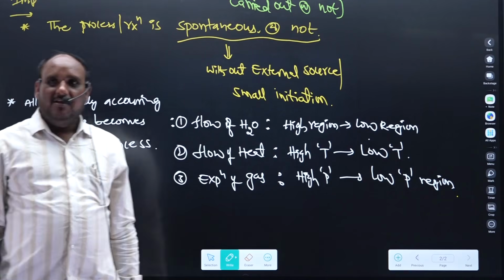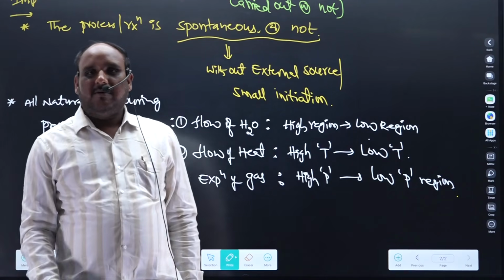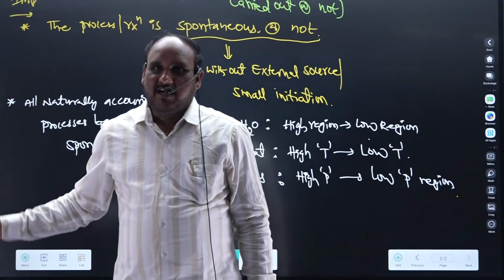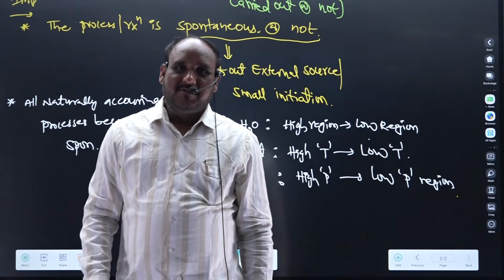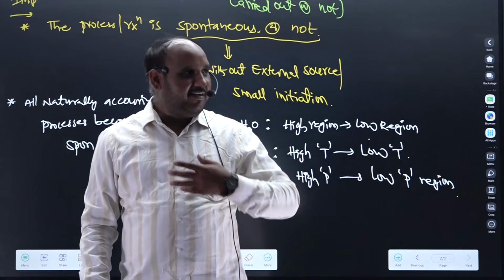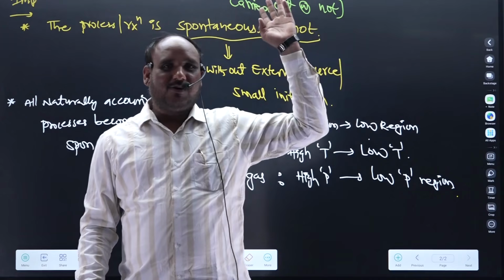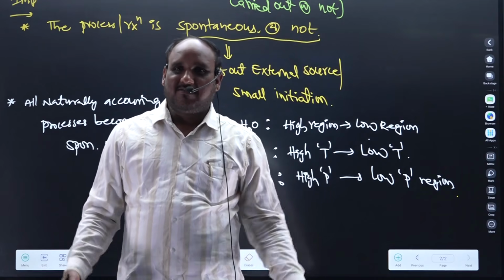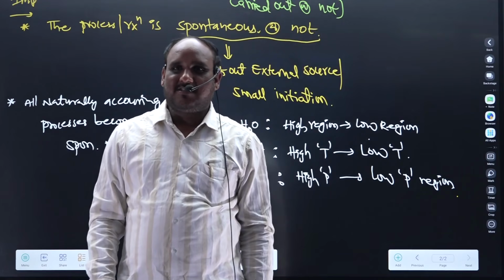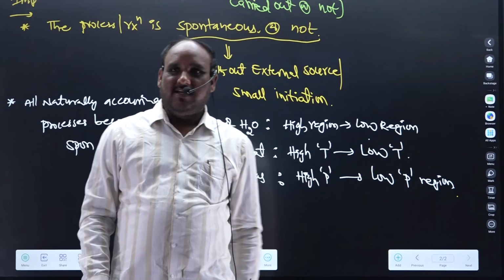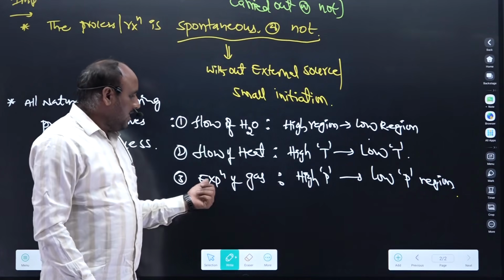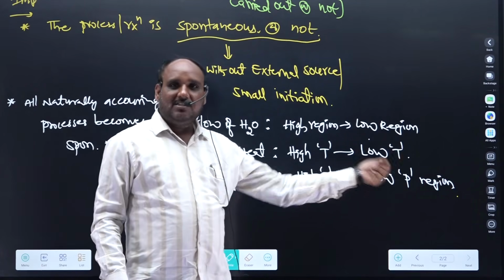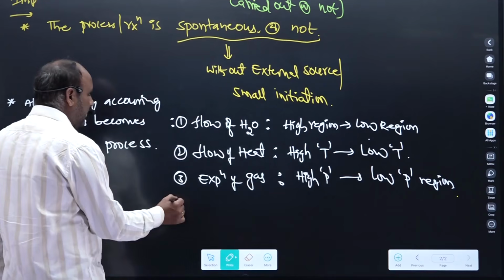For example, the room capacity is 100 members, but unfortunately 200 members entered. Pressure will build up. Definitely windows will be thrown out and some people will leave the class, due to suffocation and pressure. So expansion will take place. Expansion of gas means from a high pressure region to a low pressure region.